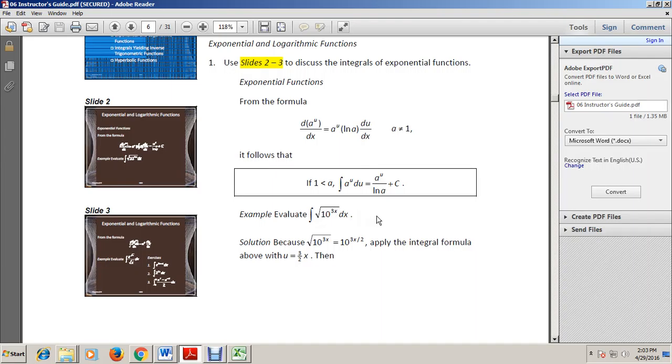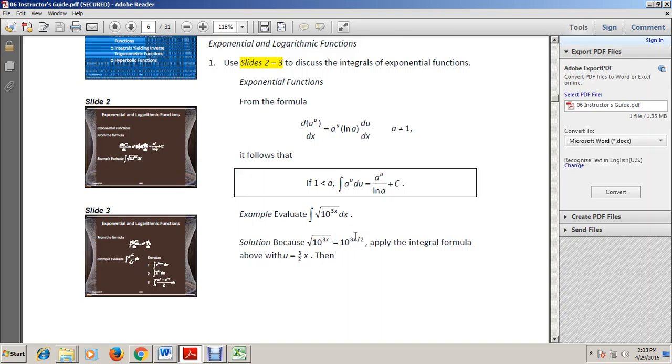For this problem, the first thing to do is to convert the given radical form into exponent form. Converting the square root to a fractional exponent, that is 1/2, the square root of 10 raised to 3x becomes 10 raised to 3x over 2.